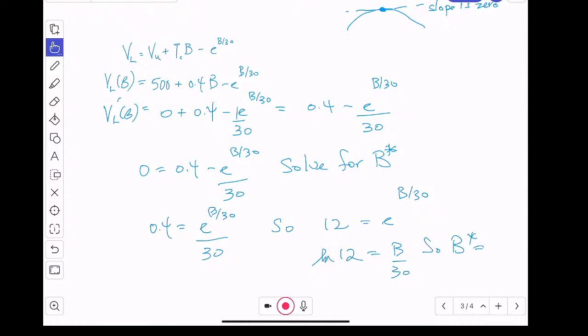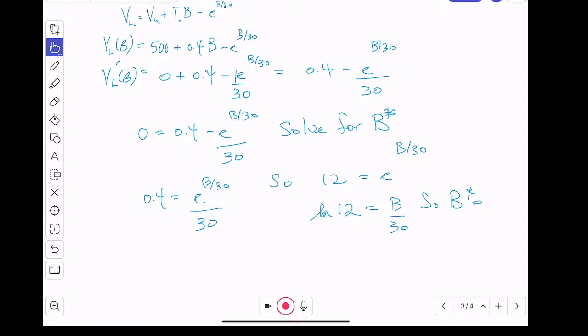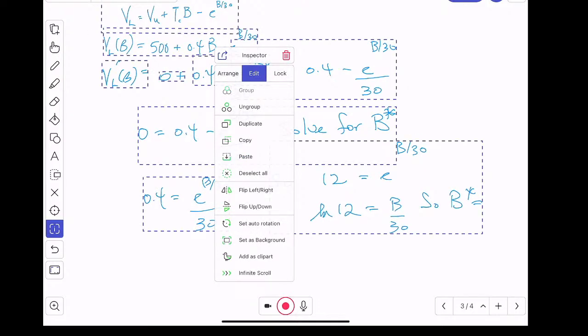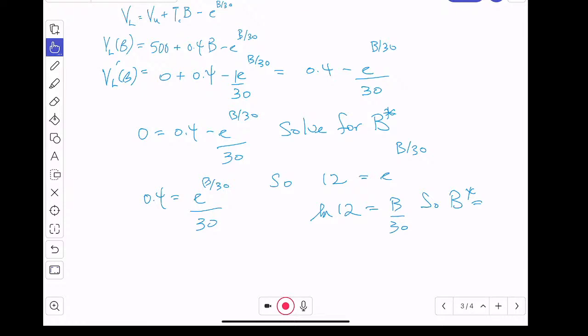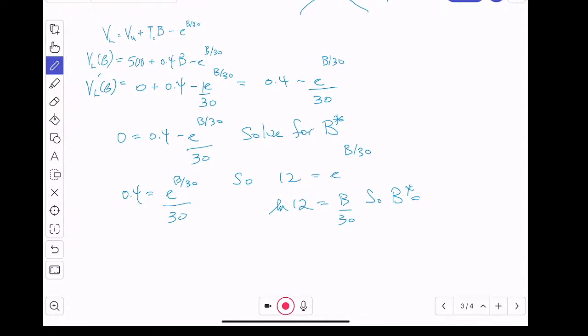So, solving. Remembering these are millions of dollars, the answer is 74.55 million.